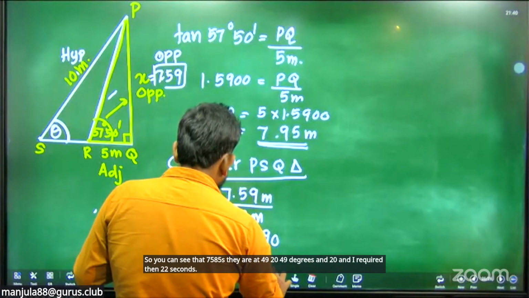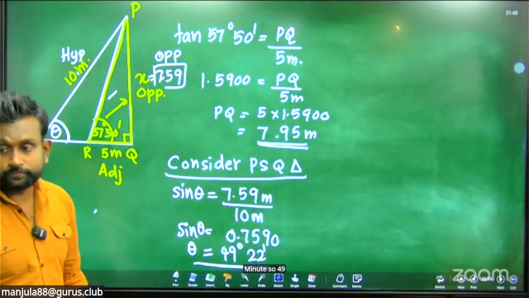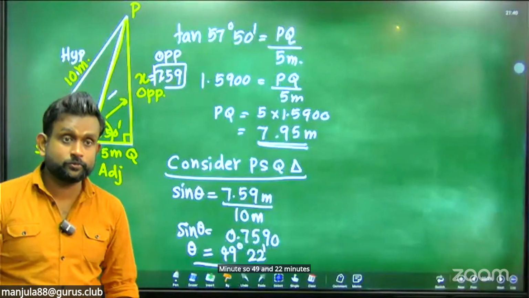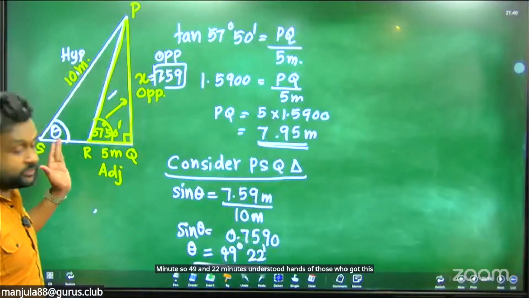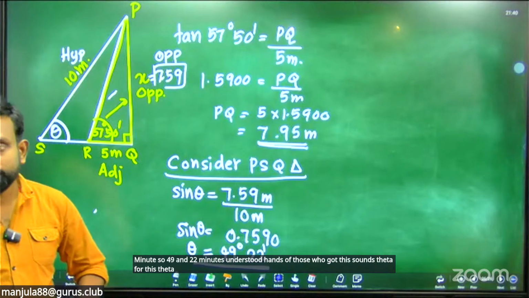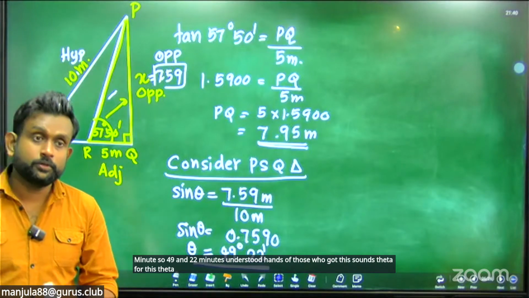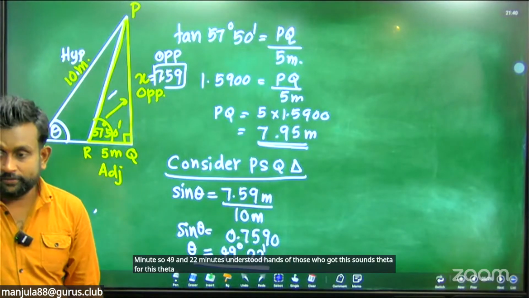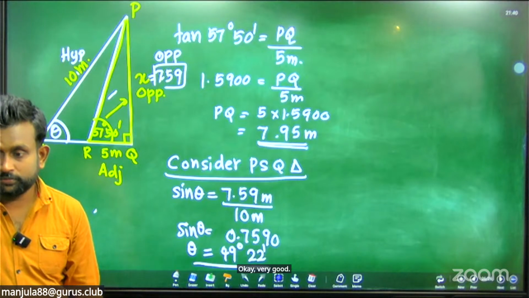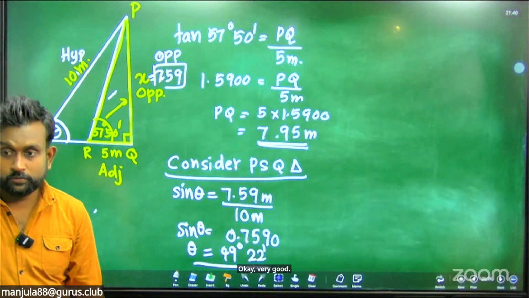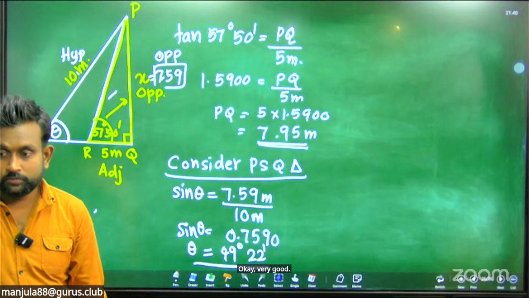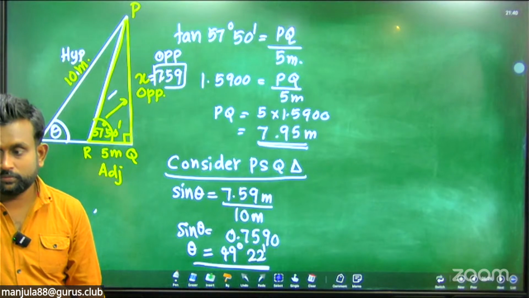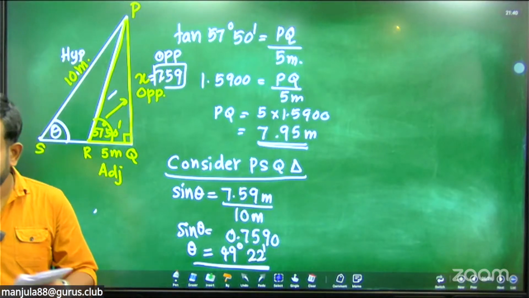So 49 degrees and 22 minutes. Understood? Hands up those who got this theta. Okay, very good. Right, so that is done.